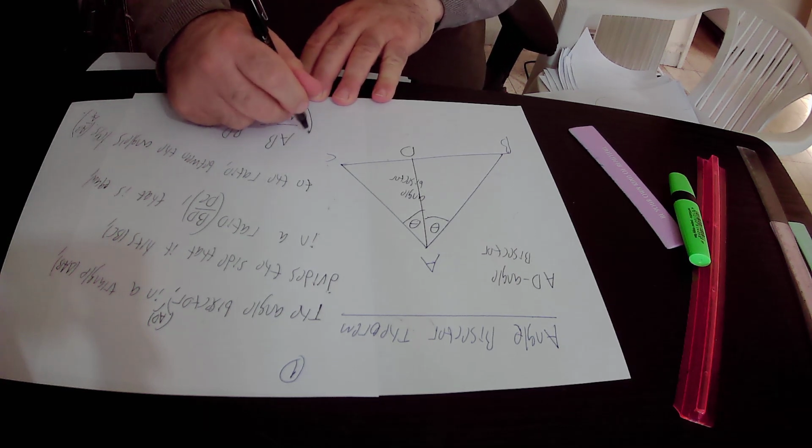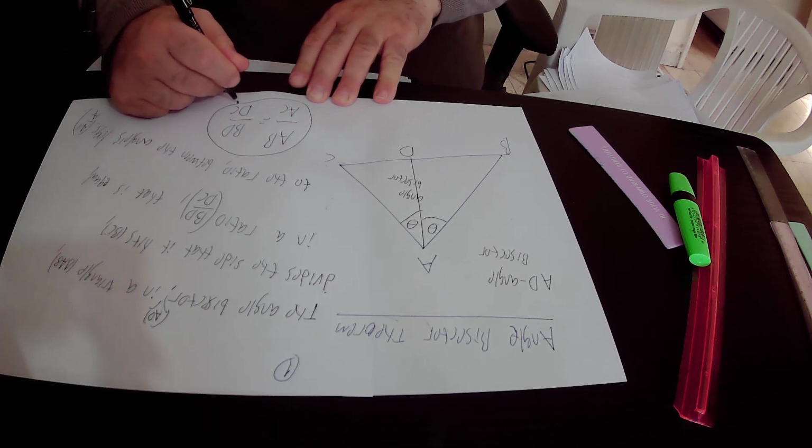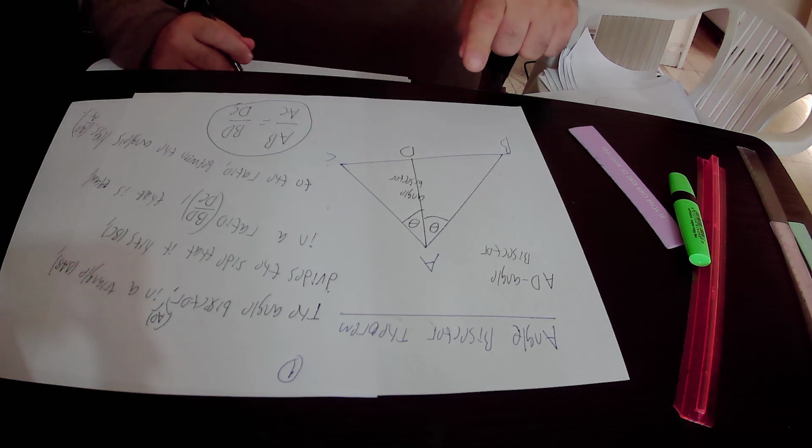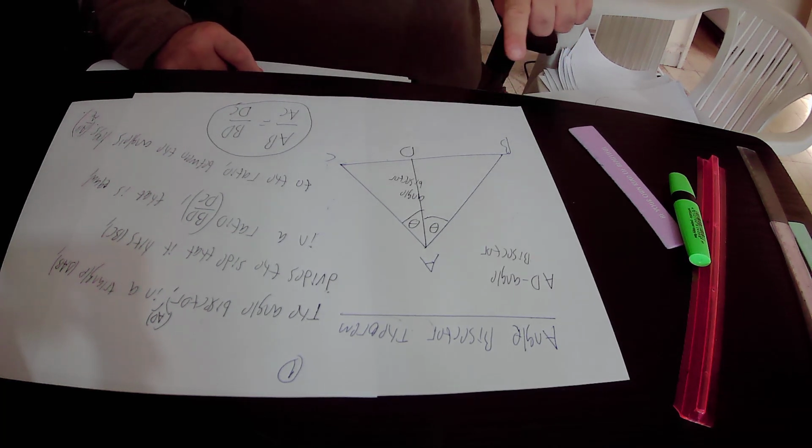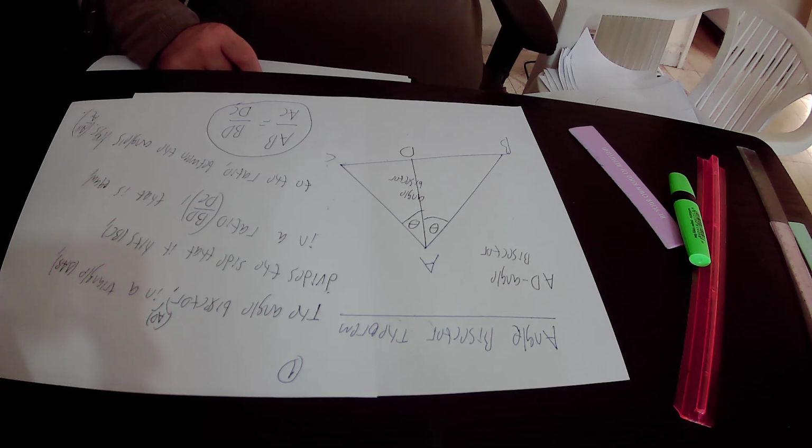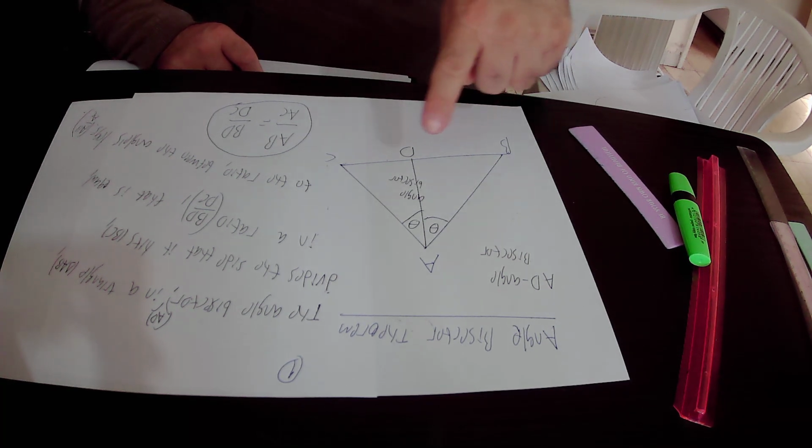Okay, I repeat again. The ratio that angle bisector AD divides side BC is BD over DC, and that ratio equals to the ratio between the angle's legs. We are talking about angle BAC that has been divided into two halves.